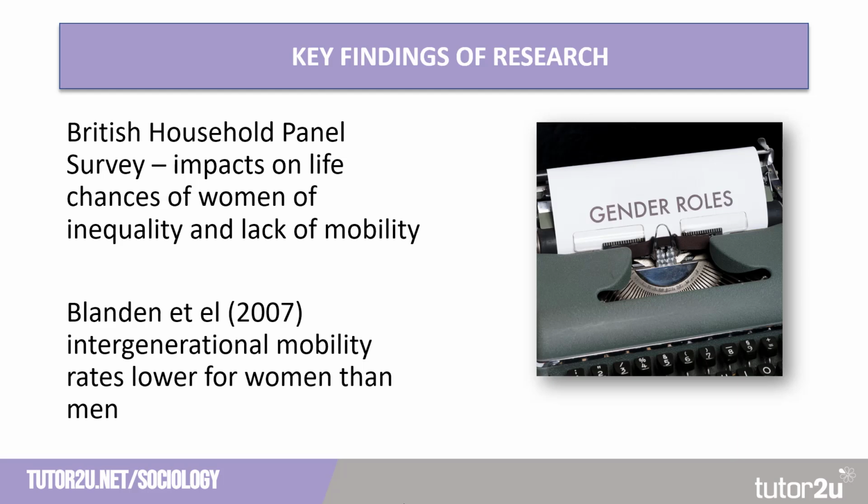Bland et al. found that intergenerational mobility rates are lower for women compared to men, particularly in terms of income mobility. Women from lower socioeconomic backgrounds face more substantial barriers to upward mobility, largely due to labour market discrimination and the unequal division of domestic labour.